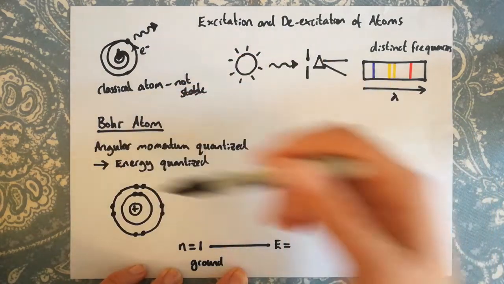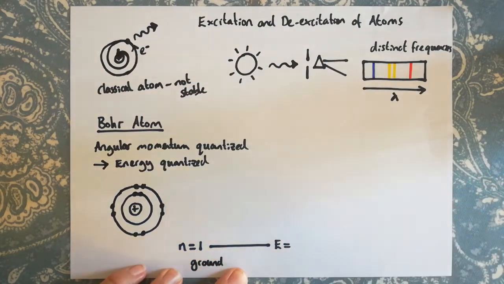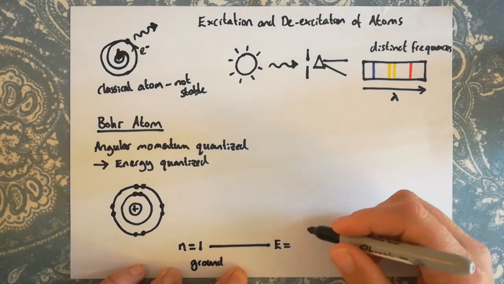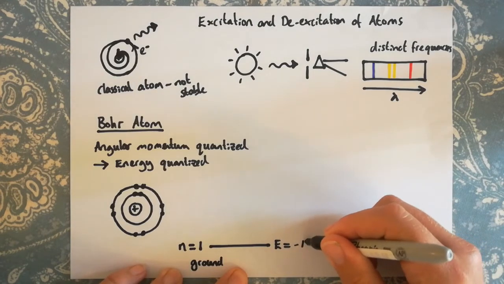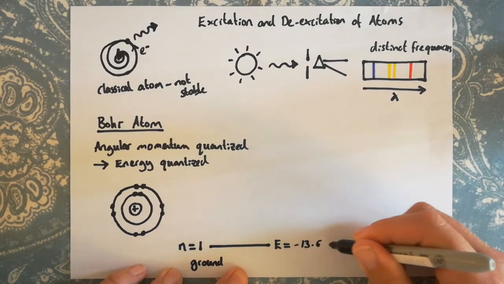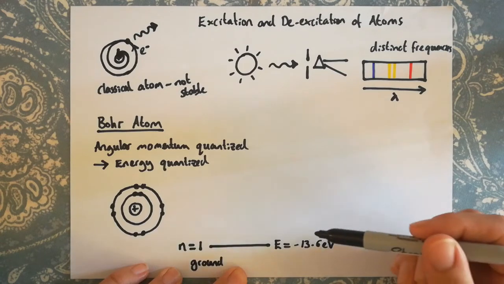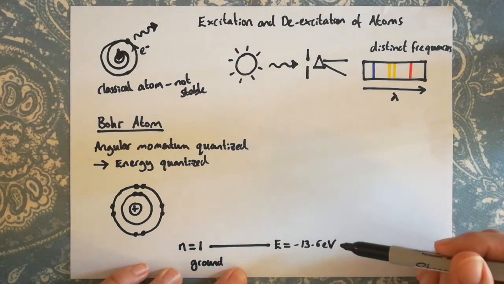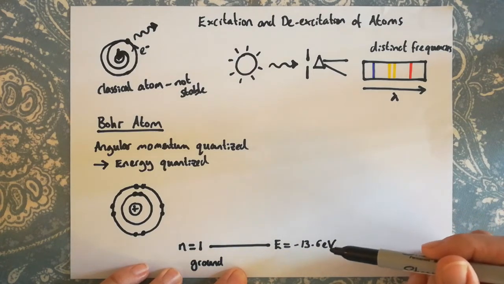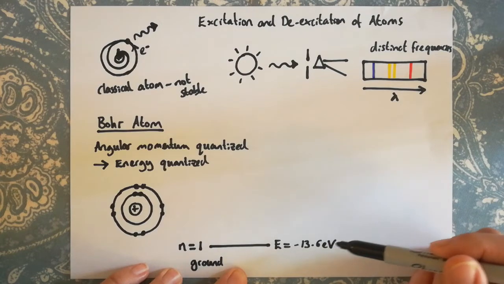Following from this kind of idea, Bohr was able to actually work out what the values of these allowed energies were. The lowest energy state, the ground state energy, the electron has an energy of minus 13.6 electron volts.